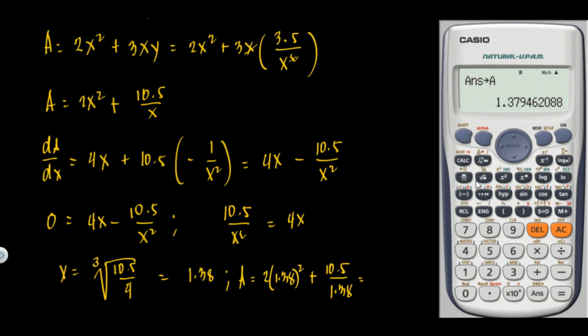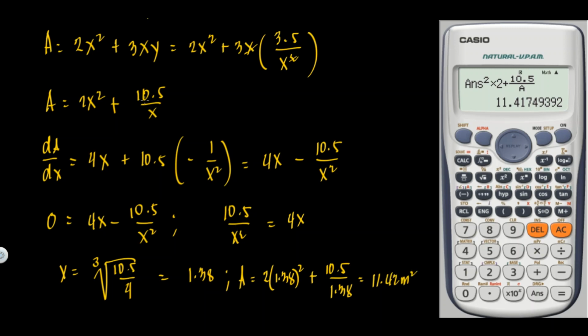Okay, recall A. So let's square this, then multiply this by 2, plus 10.5 over, recall A, then press equals. We have 11.42 meters squared.